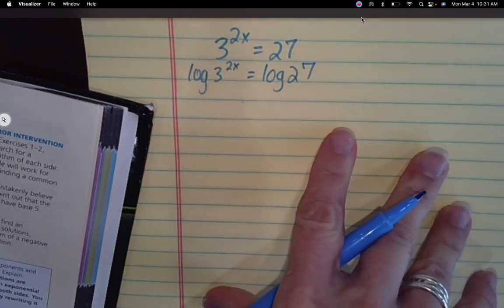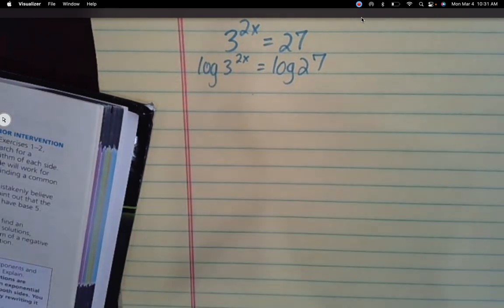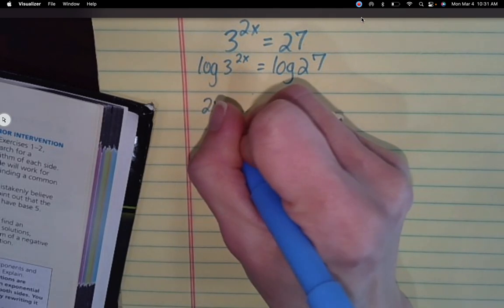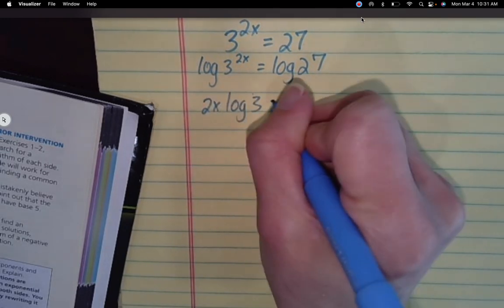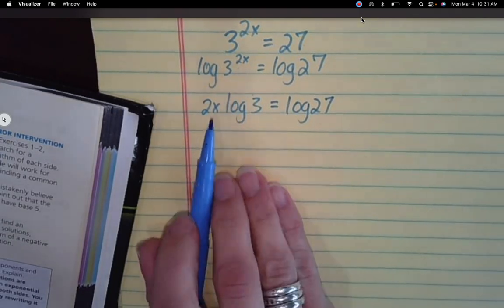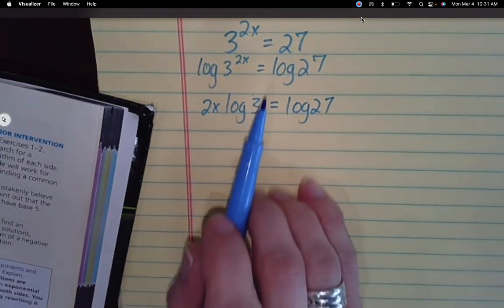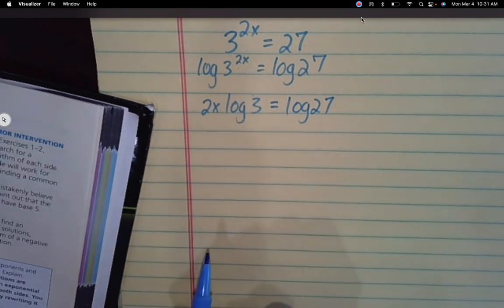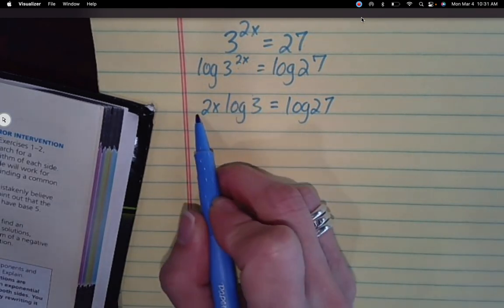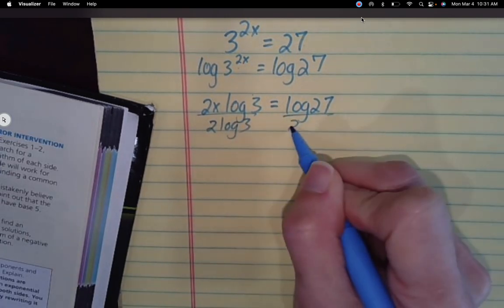Now, since you got the log, you can use your rule and bring your exponent out front. So 2x log of 3 equals log of 27. I just brought my exponent out front. In this case, I didn't have to use parentheses because it wasn't several things up there. And now, to get x by itself, I just divide by 2 log 3.